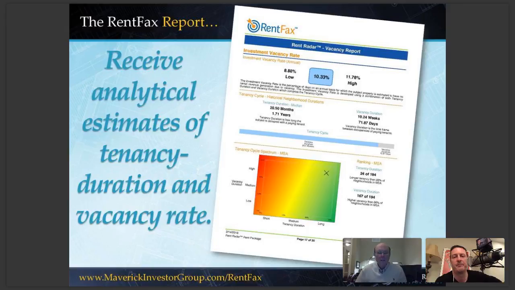And then we also have a report. This is a historic data report, and it's based on history, so it's not real time, but it shows in our rent package what historically the market has done, in terms of 2 different measurements.